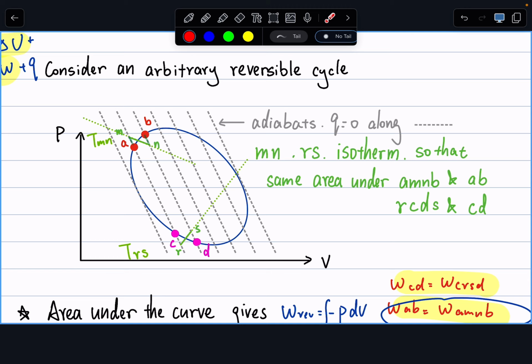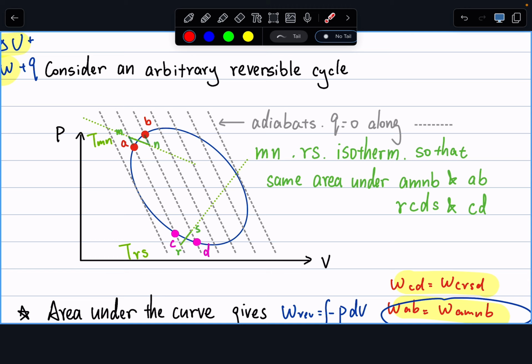In the example we did, we said the first step is an isothermal expansion, but that's not necessarily always the first step. As long as you have two isothermal processes and two adiabatic processes, that's a Carnot cycle. It doesn't matter how I write it, right? So if we can write it as an isotherm, I can write it as MNSR, right? It just depends on how we draw it.